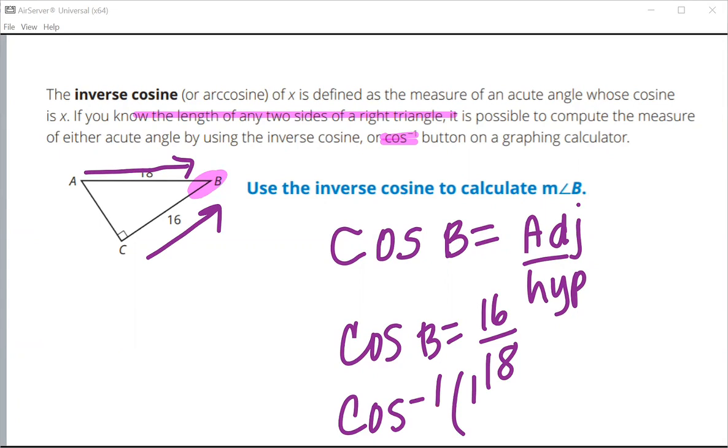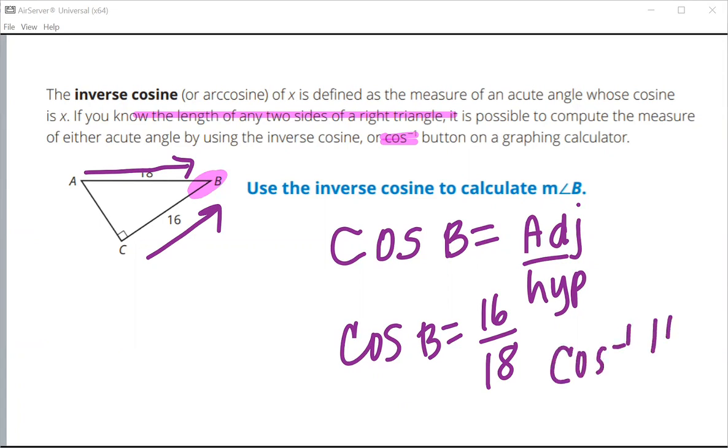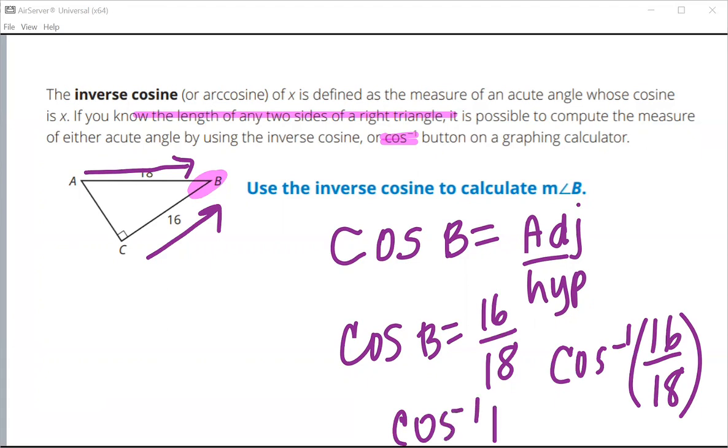Let's move that so we get a little bit more space. So we're going to look for the inverse cosine of 16 over 18. And when I do that, I get 27.27 degrees.